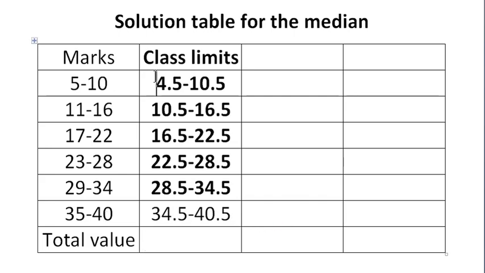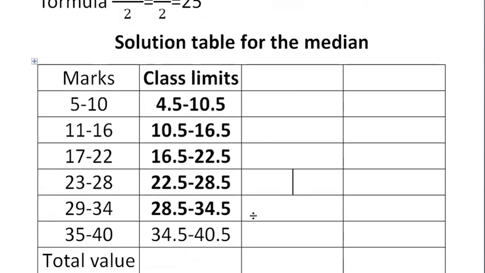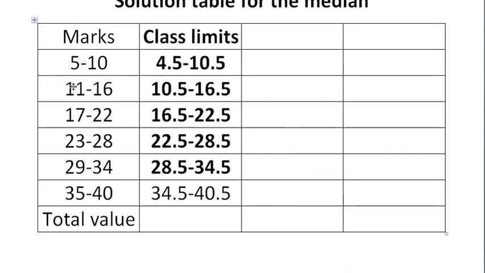So these are the things we have as the class limit. Remember what we did: from all the lower limits we deducted 0.5 and to the upper limits we added 0.5. Then we'll get our frequency f.